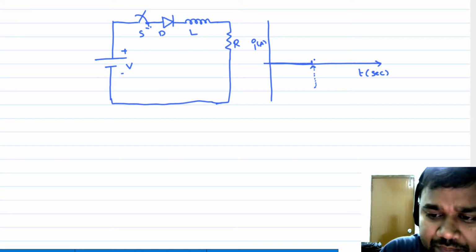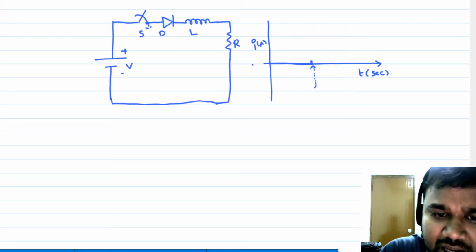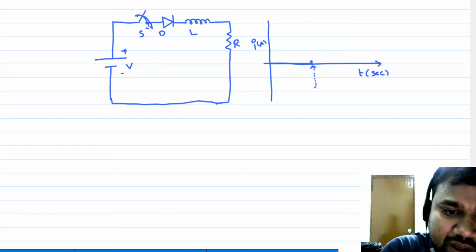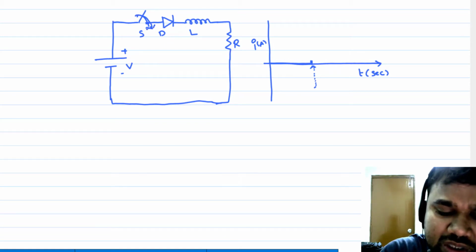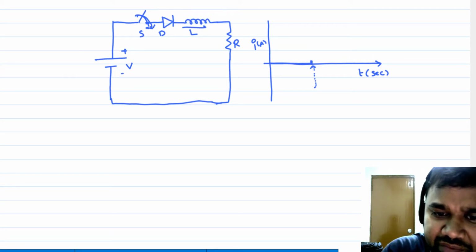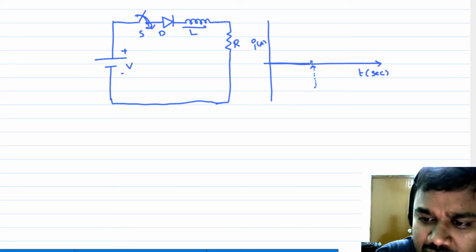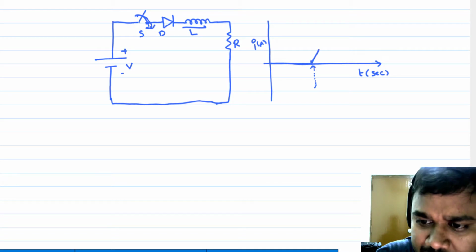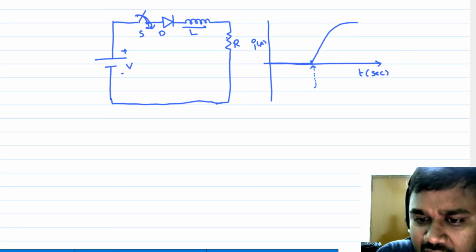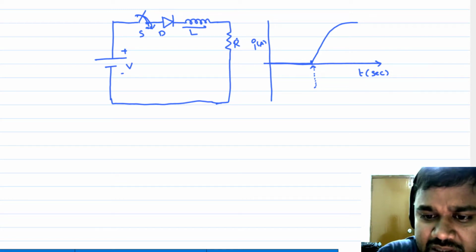Now all of a sudden I close the switch. This inductor will allow the current slowly, and it will reach a certain value where the current will be limited by R, that is V by R.